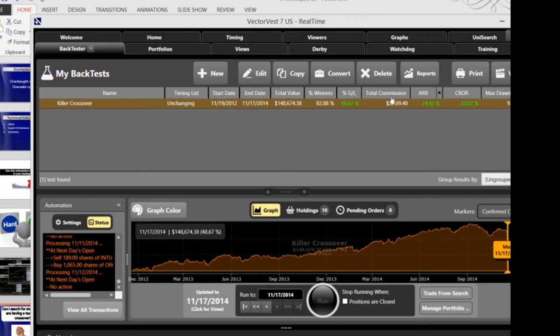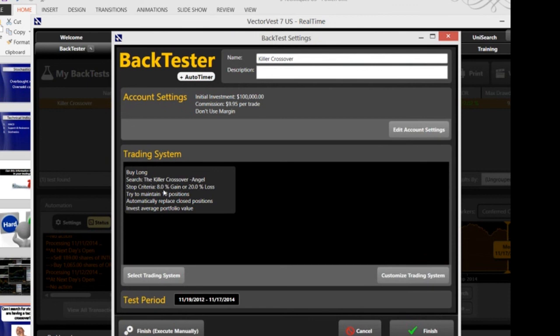With this system, if I click on edit, I can show you that I'm using an 8% gain or a 20% loss.